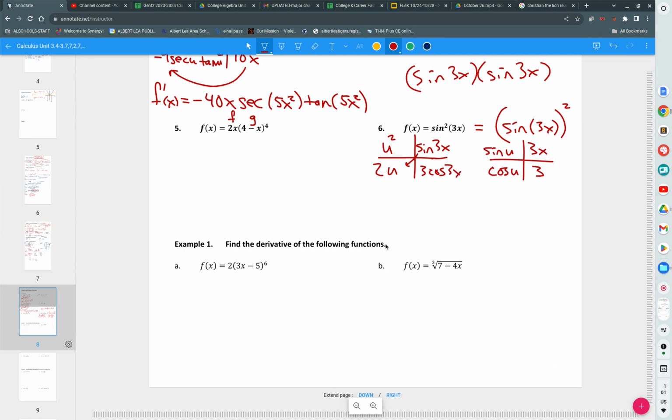Good. So I put the final derivative here because that's what I was trying to find. Now I multiply those two together. 2 times 3, I have 6. What do I put in place of u? Sine of 3x. And then after that, I have my cosine of 3x as well. That's the derivative.